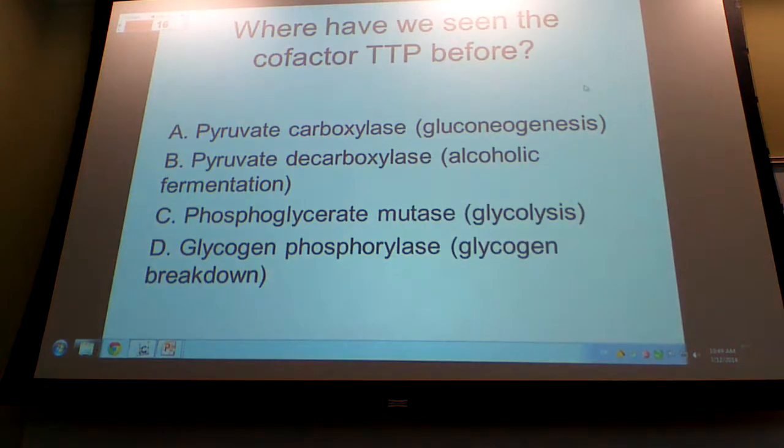We had a lot of people with confusion tonight, so yes, if you heard what Stephen just suggested, it was pyruvate decarboxylase that we saw before, in the fermentation pathway.